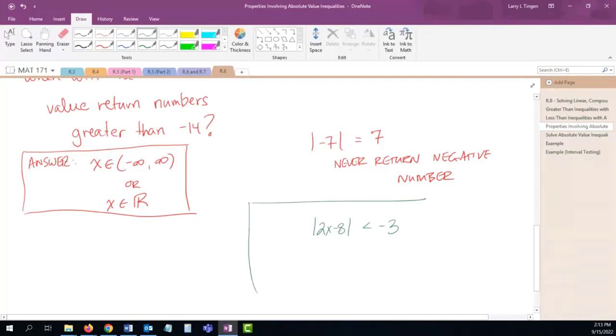When is the absolute value going to return something less than -3? Never, exactly. This will never happen. So the solution set here is called the null set. It looks like that. All right.